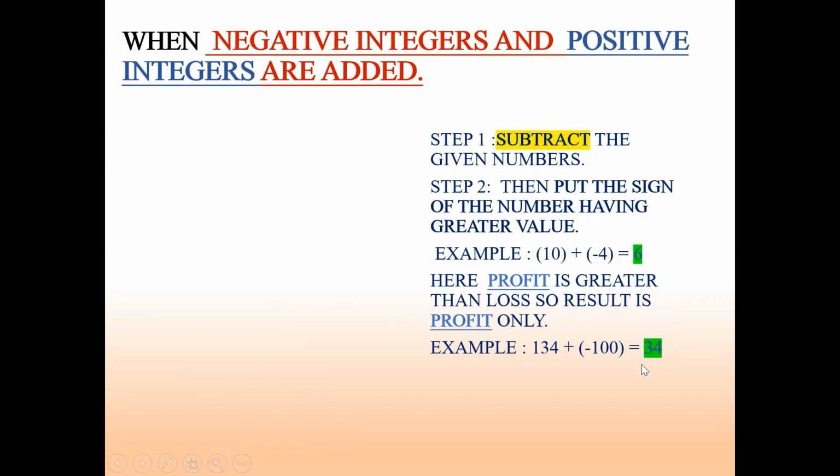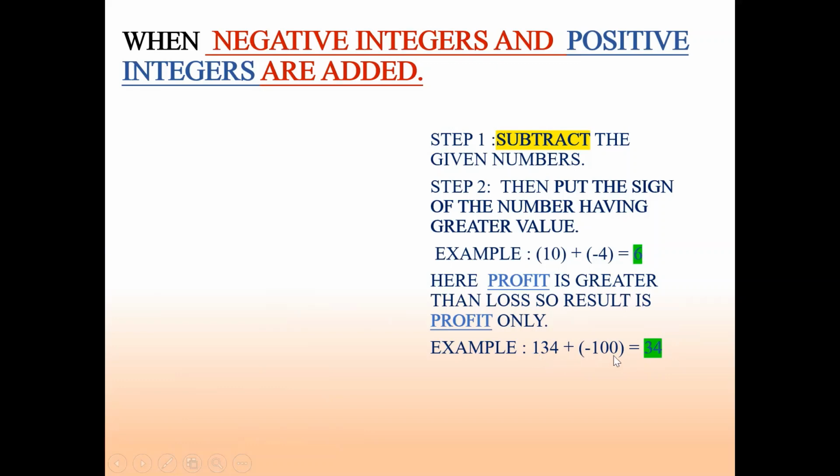Now why is this happening? Because 134 is greater than 100. When there is a positive number and a negative number, you subtract them because the rule says subtract them. And then for the sign, you check if your positive number is greater or the negative number is greater.